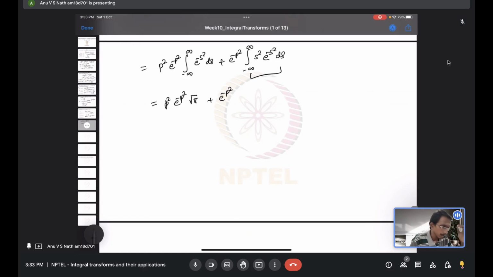So for that we can use another trick. Let's say we have the generalized version of the Gaussian integral, exponential of minus a s square ds, integral from minus infinity to plus infinity. We know its value is going to be square root of pi by a, or pi over square root of a.